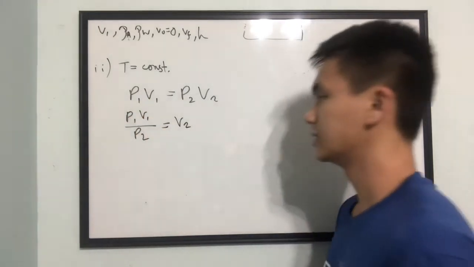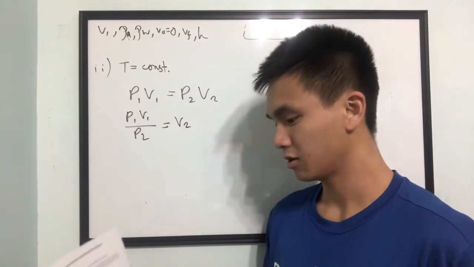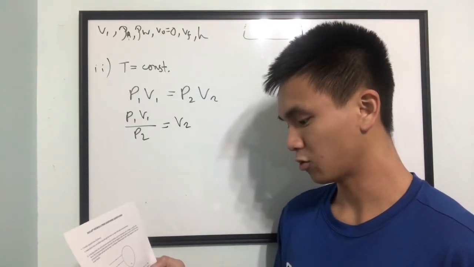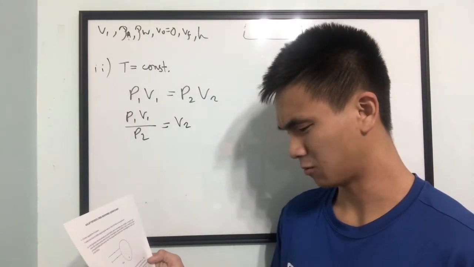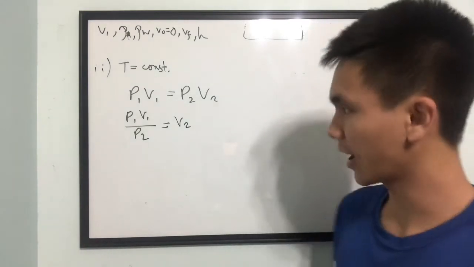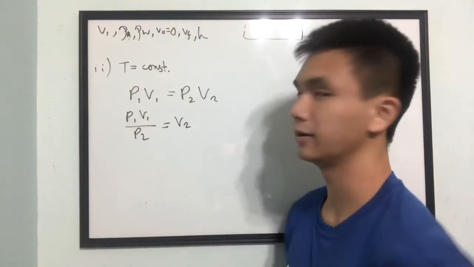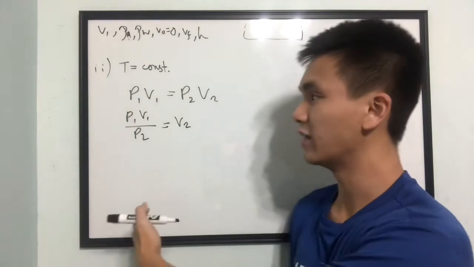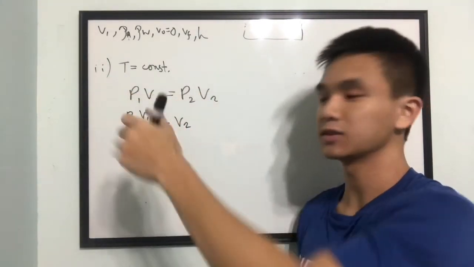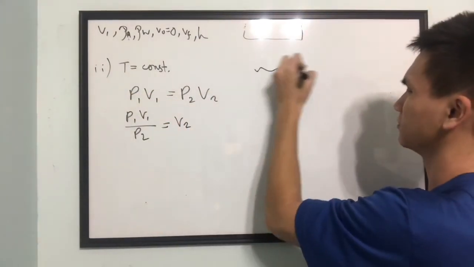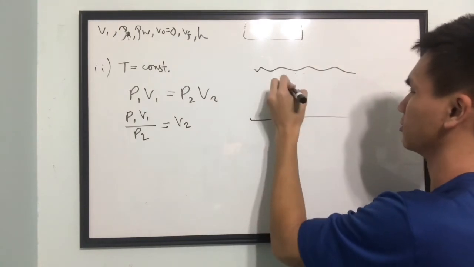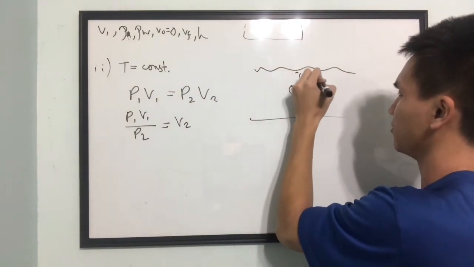So, okay, we need to consider the pressure when it is 4.5 meters below the water's surface, right? Because we're analyzing this equality when it's 4.5 meters below, and then when it's actually at the surface level. So, just draw another picture here. This is 4.5 meters.